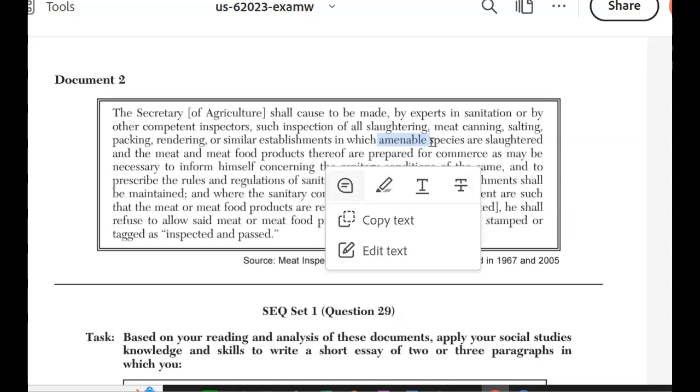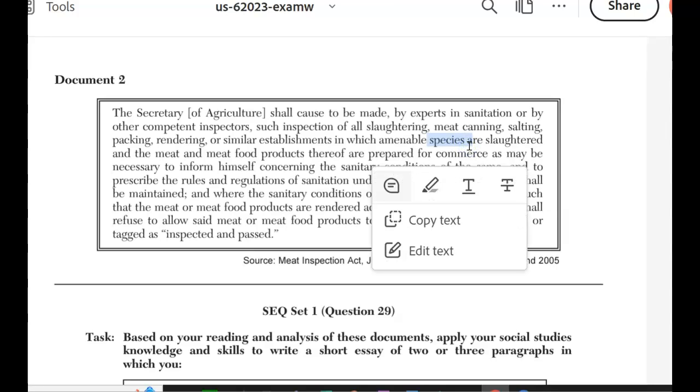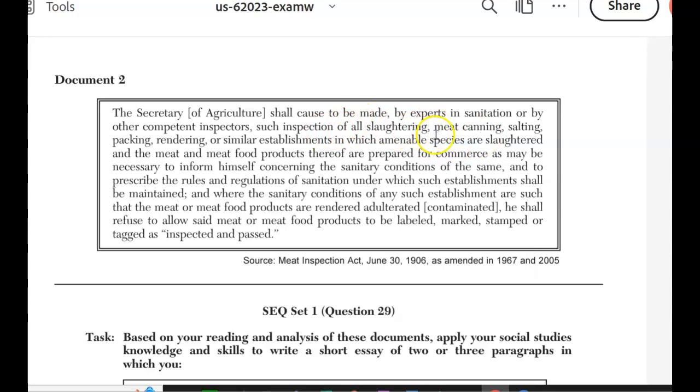Amenable means, it literally means sort of friendly, but species that would work for meat. So this is places where you're slaughtering cows for beef, pigs for pork, sheep and lambs for lamb and mutton. That's what he's talking about. So we're going to inspect these places. And prepared for commerce, that is for business, as may be necessary to inform himself concerning the sanitary conditions.